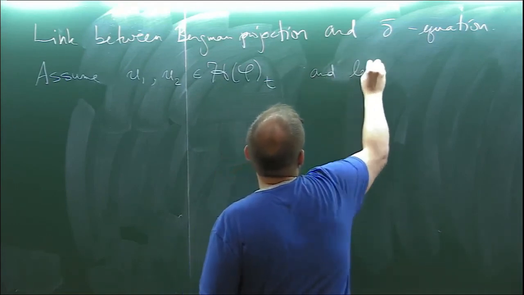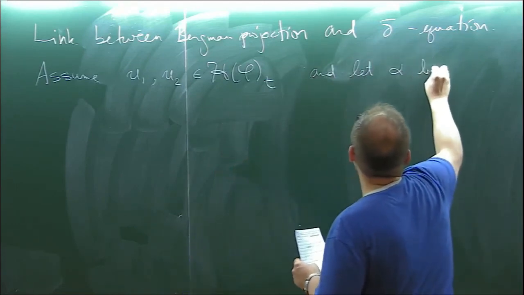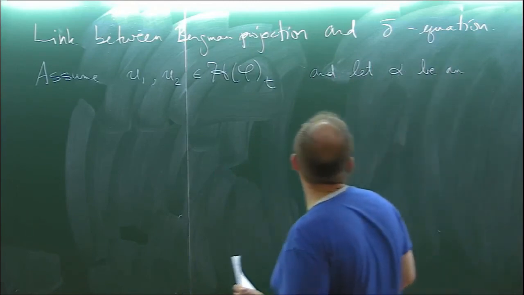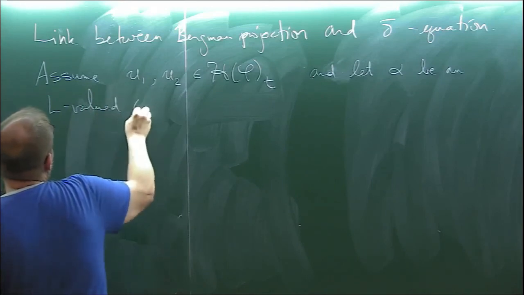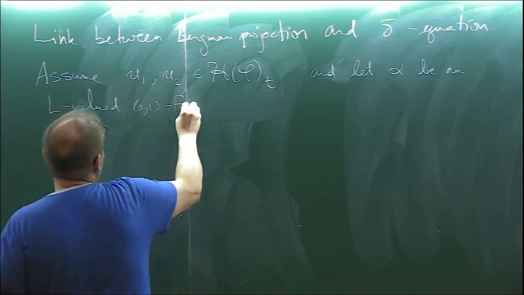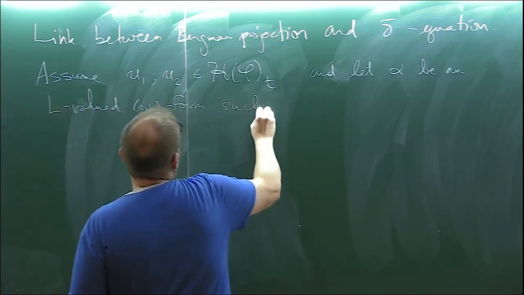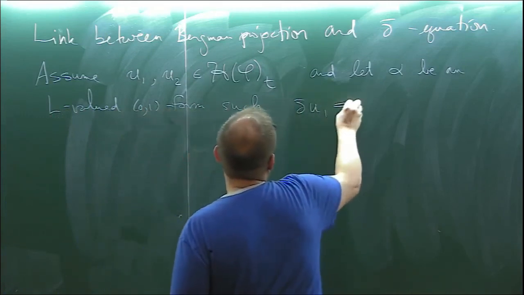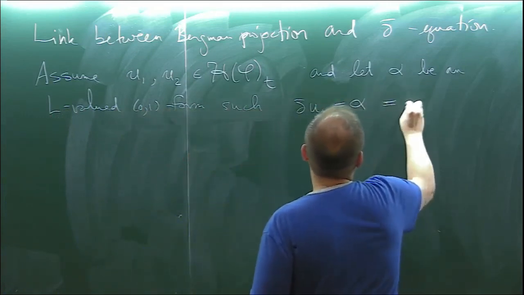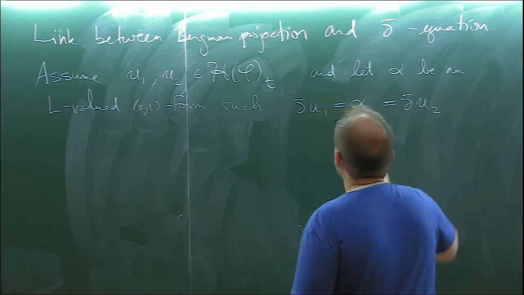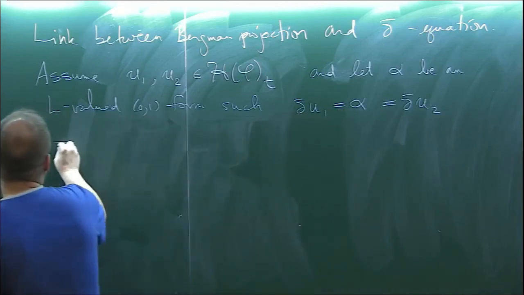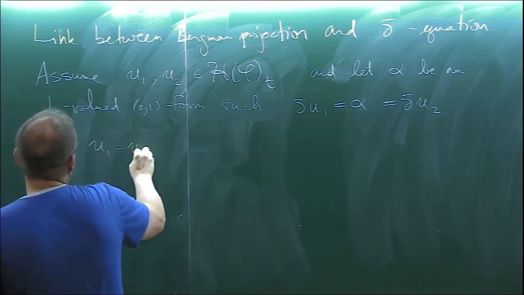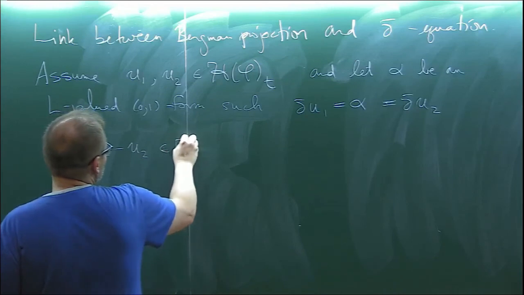And let alpha be an L-valued 0,1 form such that U1 and U2 are two solutions of the same D-bar equation, D-bar u equals alpha. Okay? So then, of course, U1 minus U2 is holomorphic.